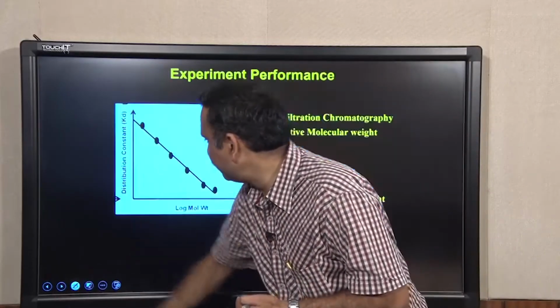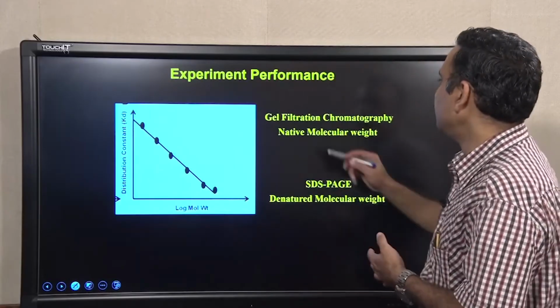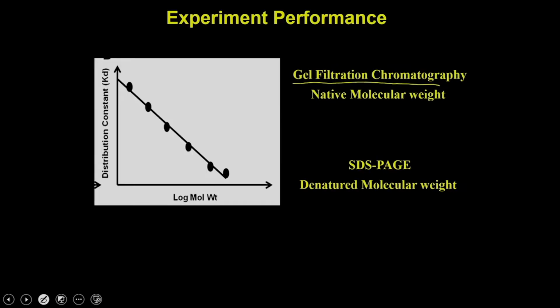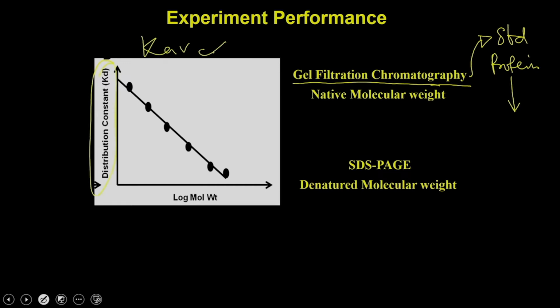To perform these experiments, what are you supposed to do? You are supposed to do gel filtration chromatography, where you first run the standard proteins to draw a calibration curve, which means you have to determine the relationship between Kav versus log molecular weight.